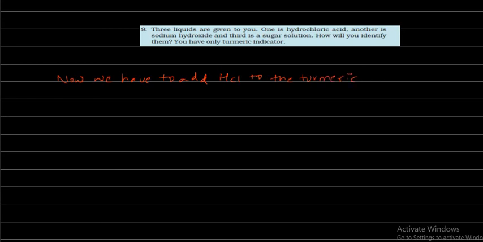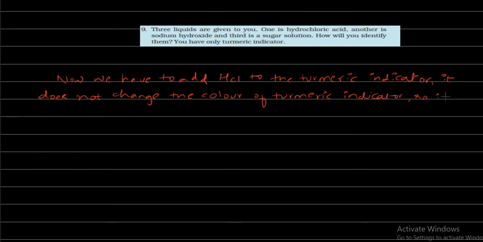In the last video I have shown, when an acid reacts with the turmeric indicator, it does not change the color of the turmeric indicator. So it is acidic.